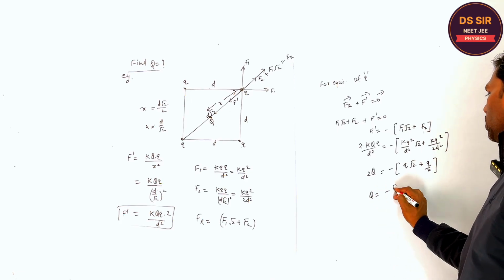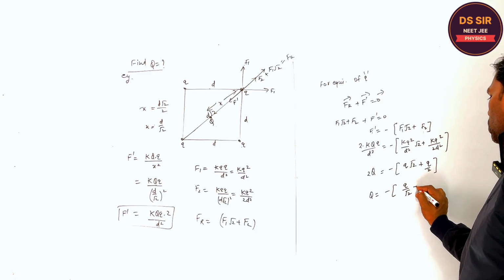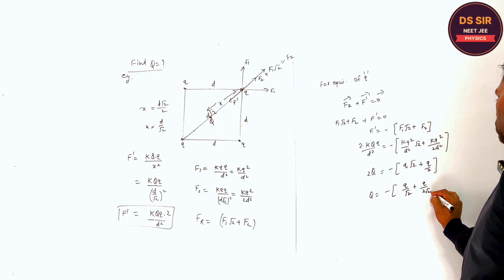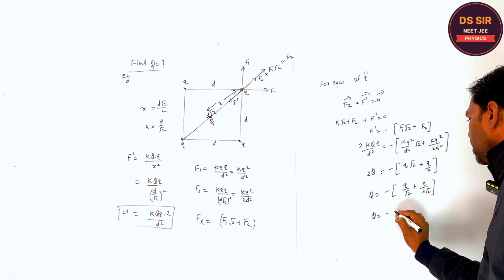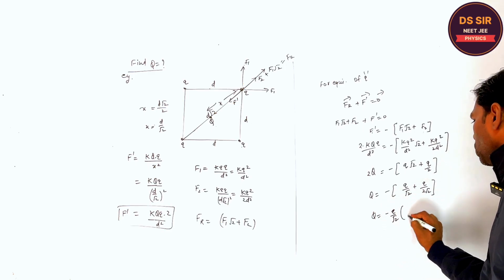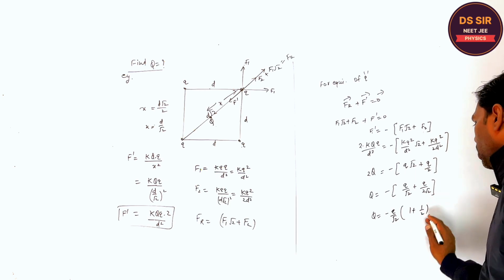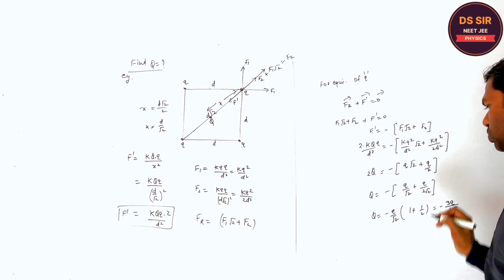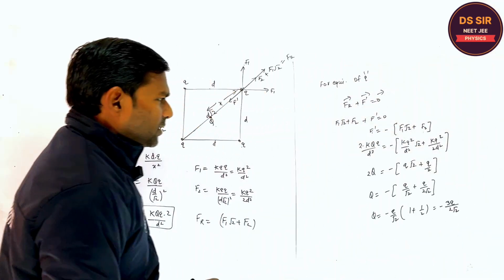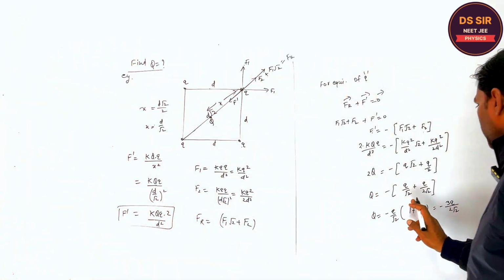So what is the value of q? Is it clear or not? Yes, sir. So it may be written as q upon root 2, 1 plus 1 upon 2. Value will be 3q upon 2 root 2. Is the correct answer. Wait for 1 minute.